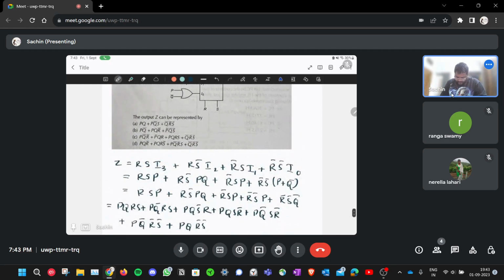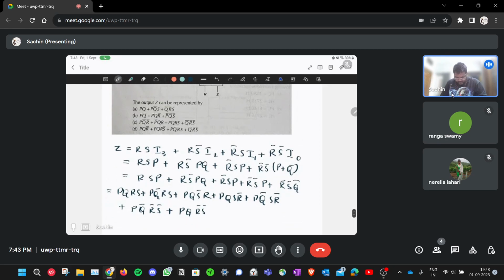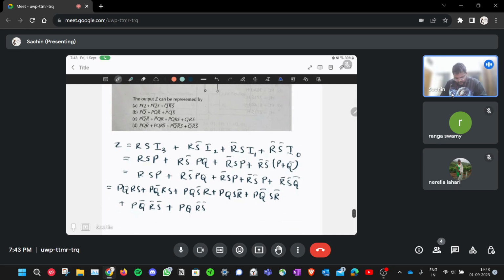PQS bar R, PQSR bar plus PQ bar SR bar plus PQ bar R bar, PQ R bar S bar. Okay, that's all fine.